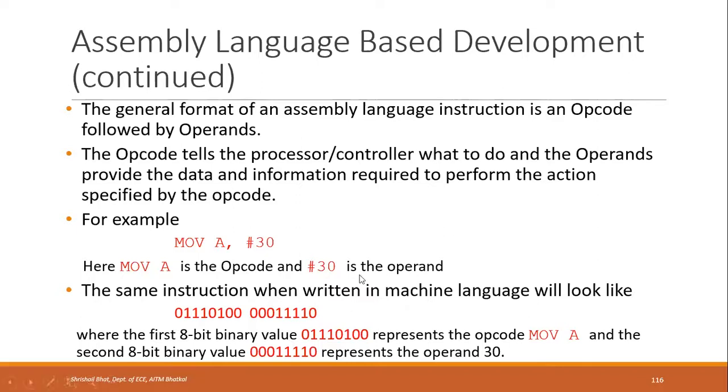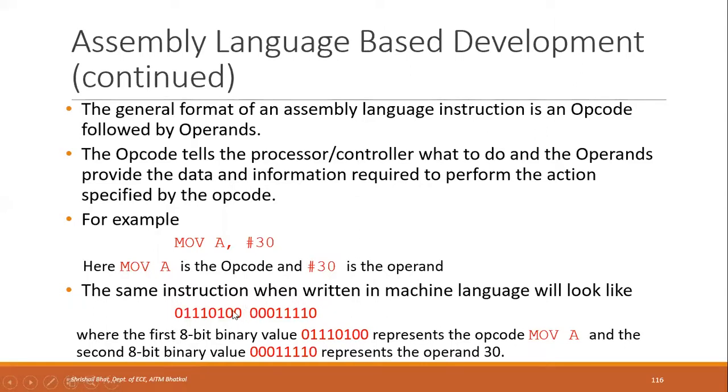The same instruction we can write in machine language, which looks like this: 0 1 1 1 0 1 0 0, then 0 0 0 1 1 1 1 0. So 0 1 1 1 0 1 0 0 is actually the opcode for MOV A, comma something. Okay, it is in binary.